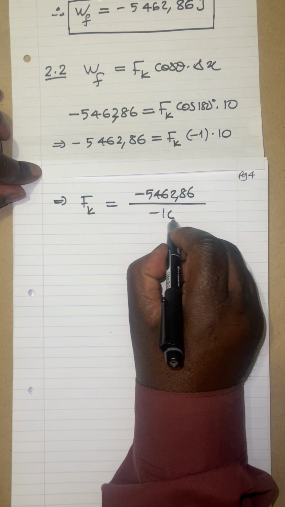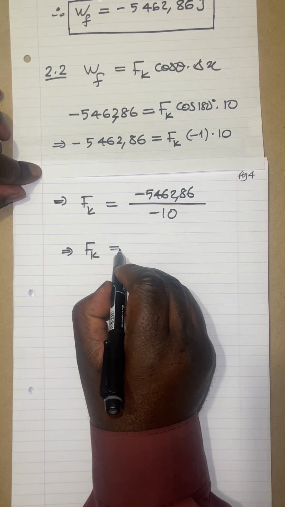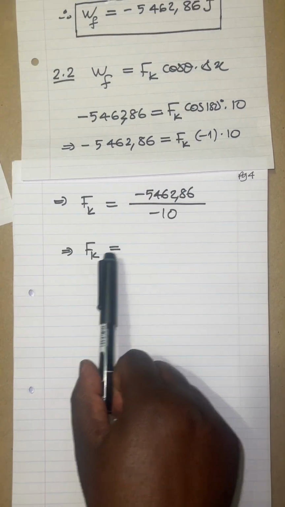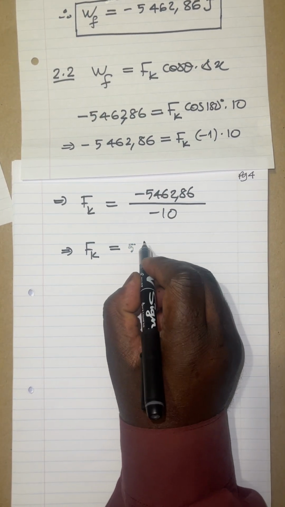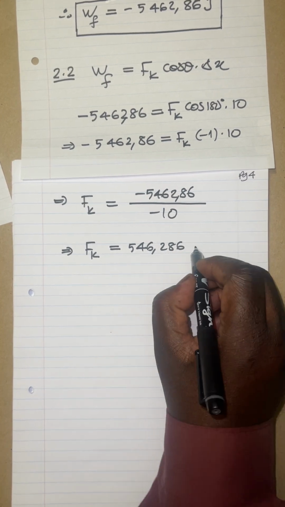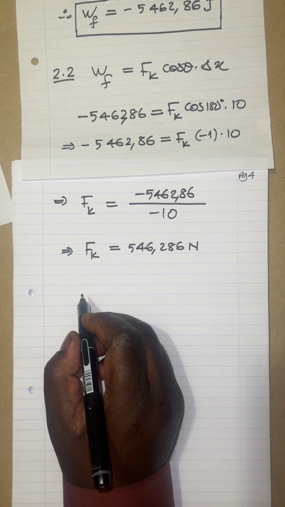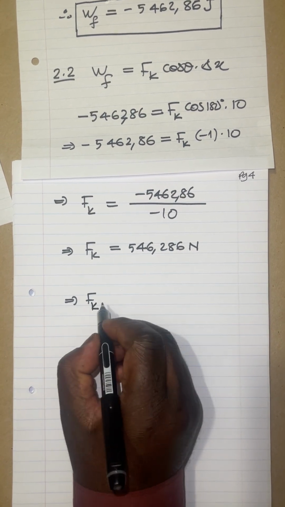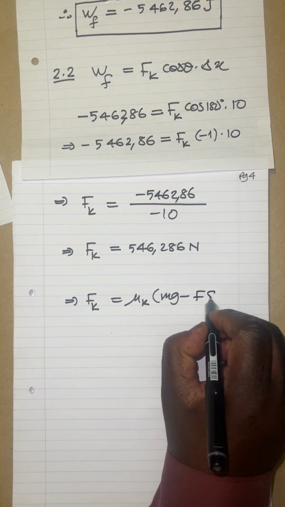From there you can see minus 10, and therefore Fk. Remember that our target is not Fk. Our target is to show that the coefficient of kinetic friction is 0.4. So I'm not rounding off whatever I find here. Simplifying that, this will be 546.286, and we know that this is frictional force, so it must be in newtons. Now I can say that Fk is equal to mu k times mg minus f sine theta.